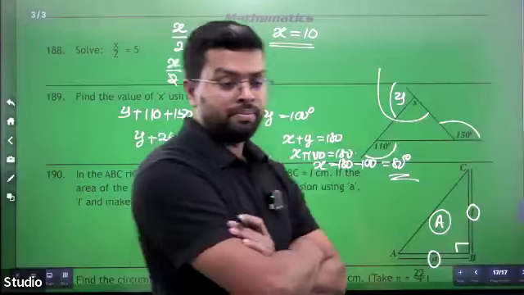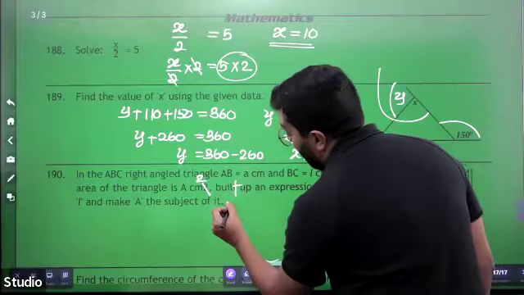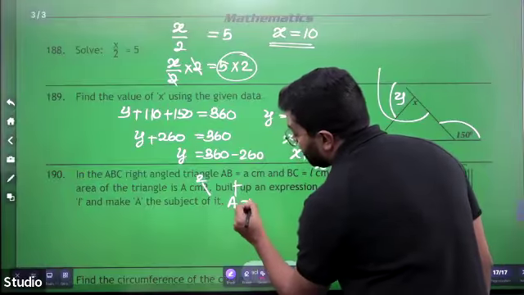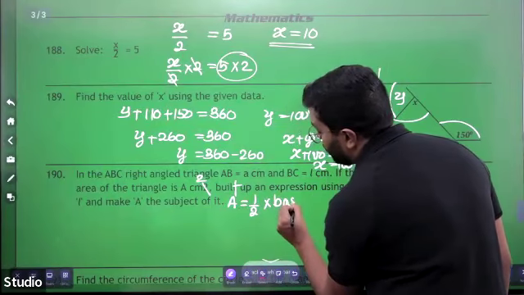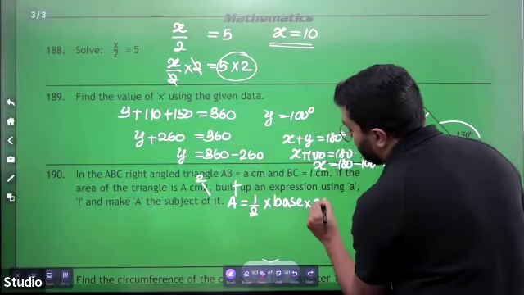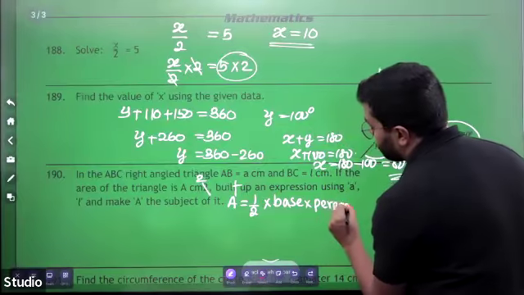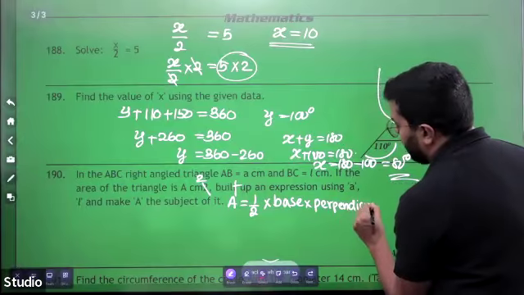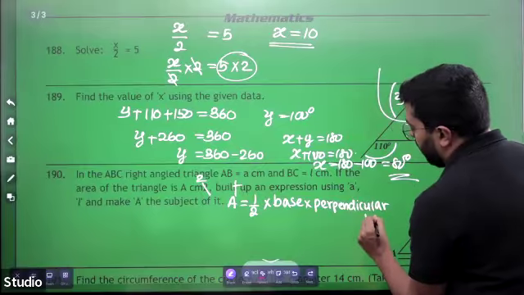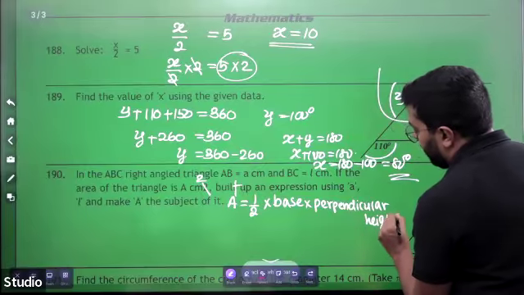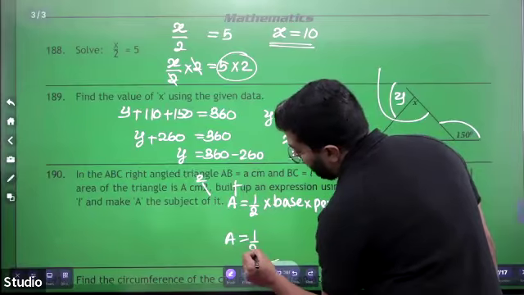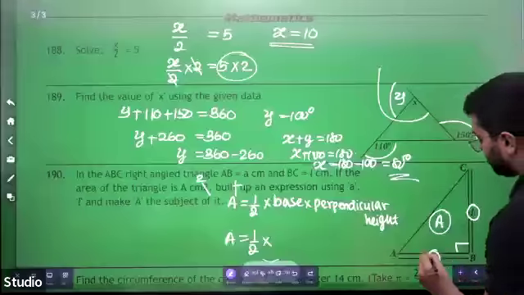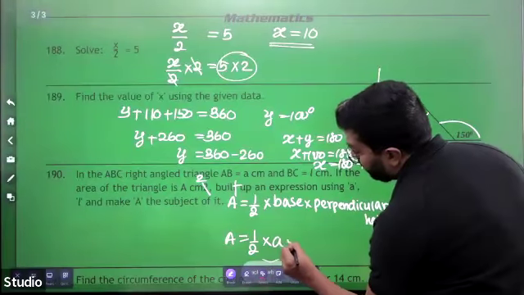A is the area. The area of a triangle equals half times base length into what? Perpendicular height. All this information has been given. A equals half times base, which is given as a.